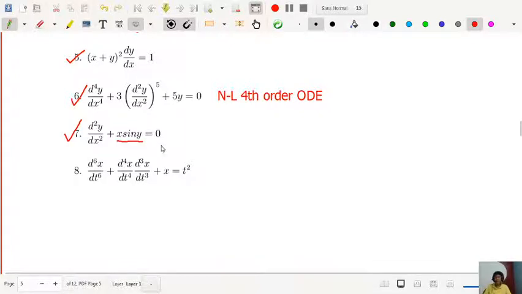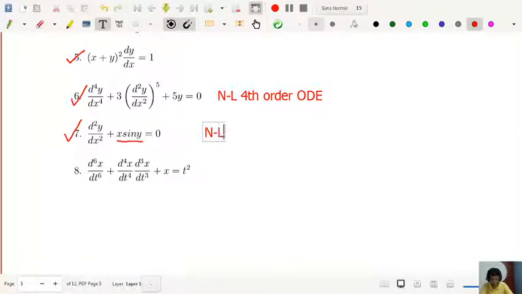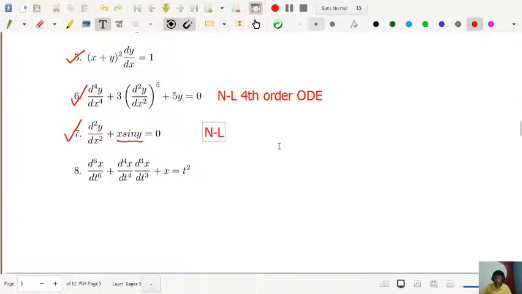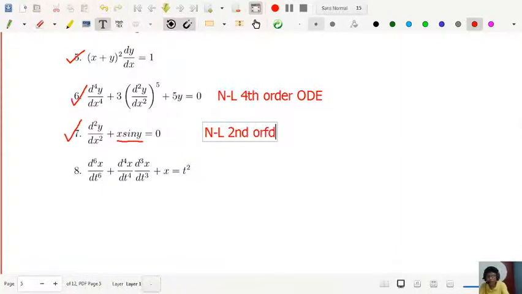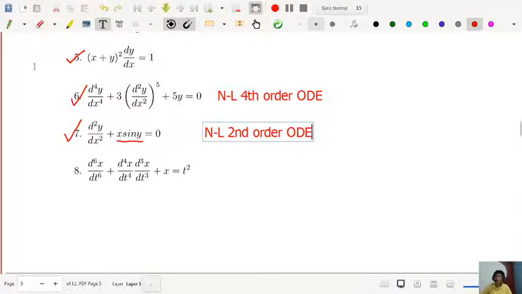If it had sin x instead of sin y, then it would be linear, but you have sin y, so this is nonlinear, and it is a second order nonlinear ODE.